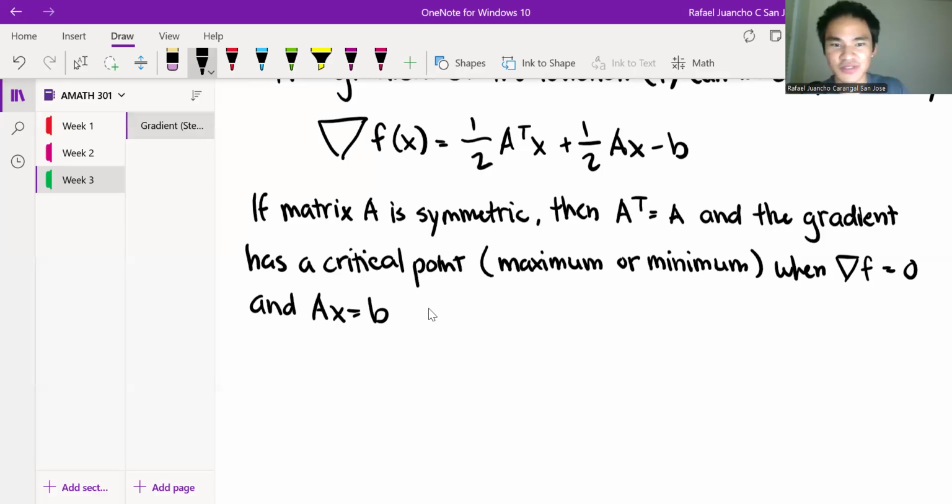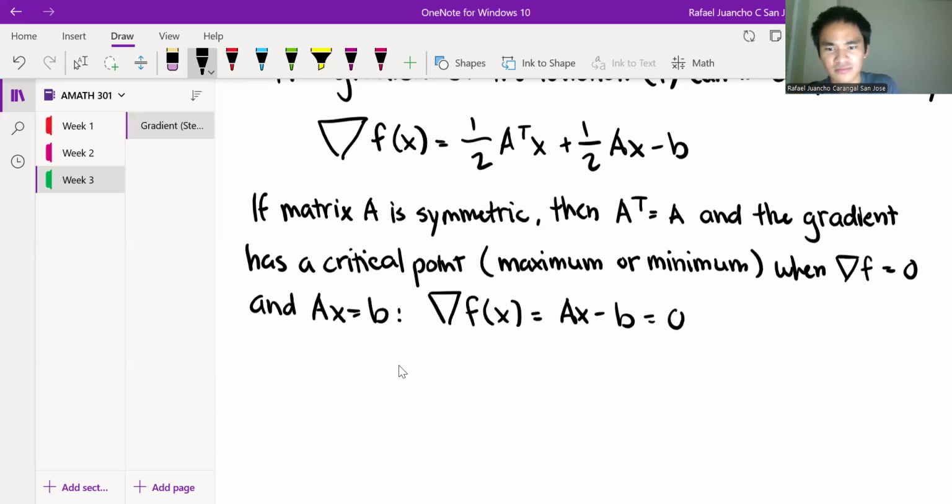So the solution works. So I'm saying the gradient is exactly my solution, which is zero. I just added B.